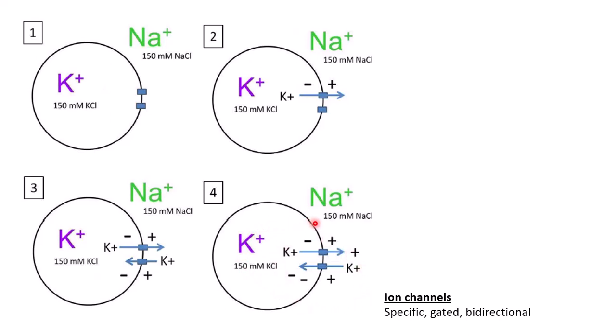The potassium ions have arrived at their equilibrium potential when the chemical gradient and the electrical gradient are causing equal amounts of ions to flow in opposite directions across the membrane. So in this fourth cell, potassium has arrived at its equilibrium potential, and it so happens that the equilibrium potential for potassium ions is around negative 90 millivolts.